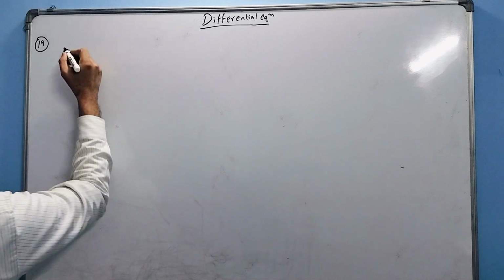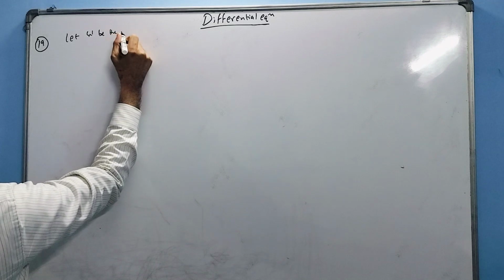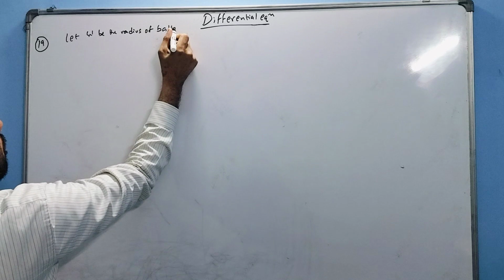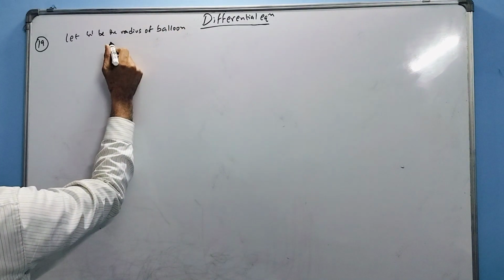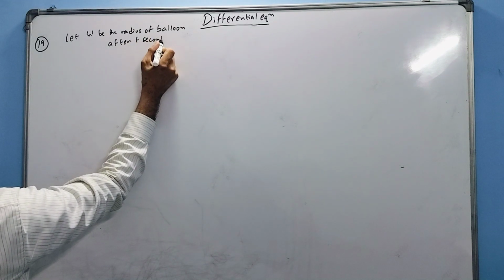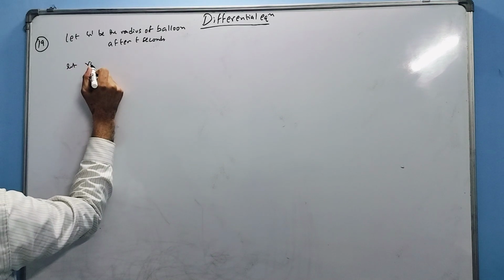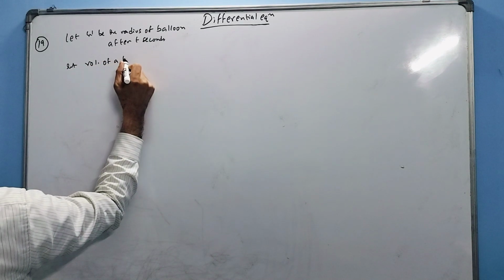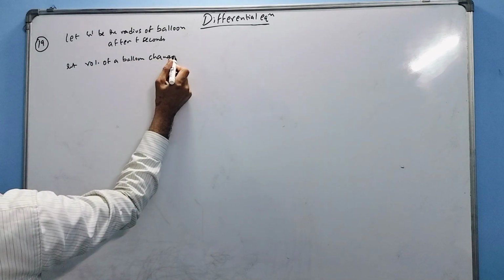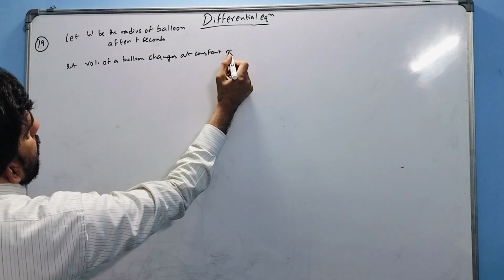So we can say let x be the radius of the balloon after t seconds, and let the volume of the balloon change at a constant rate k.